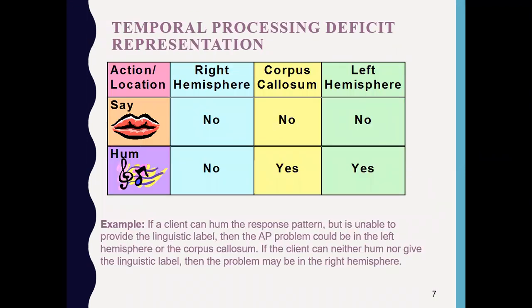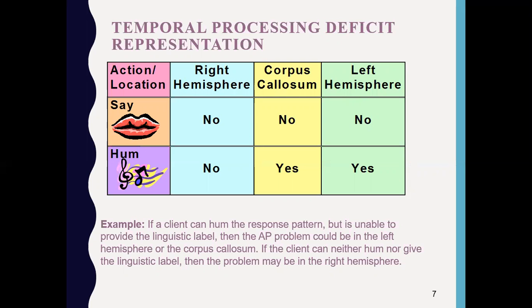So in this table, what this is saying is that if the child cannot verbalize, say they have an abnormal pitch pattern when they say it, they cannot say high, low, high.